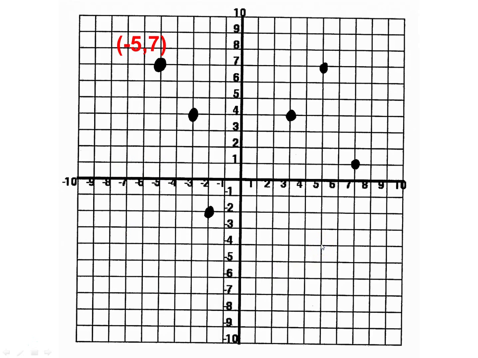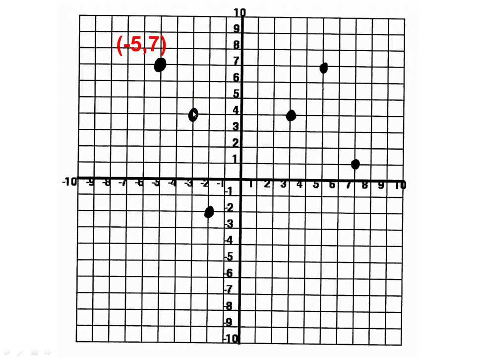Let's do this last one. Okay, -5, 7 is the name of this point, isn't it? What is the x value? -5. What is the y value? 7. So if you ask me for domain, well, the x value for this point is -5.